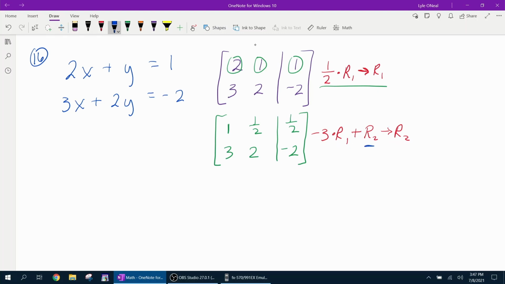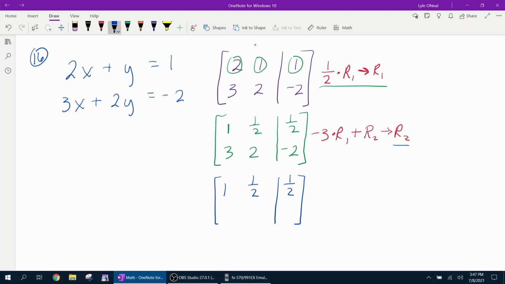The row that you're adding to is the only one that changes. So in this row operation, row 1 is not going to change. And so what I can do is I can simply start my new matrix. I'm going to copy and paste row 1 because it's not going to change. And then we can execute the row operation to get our new row 2.